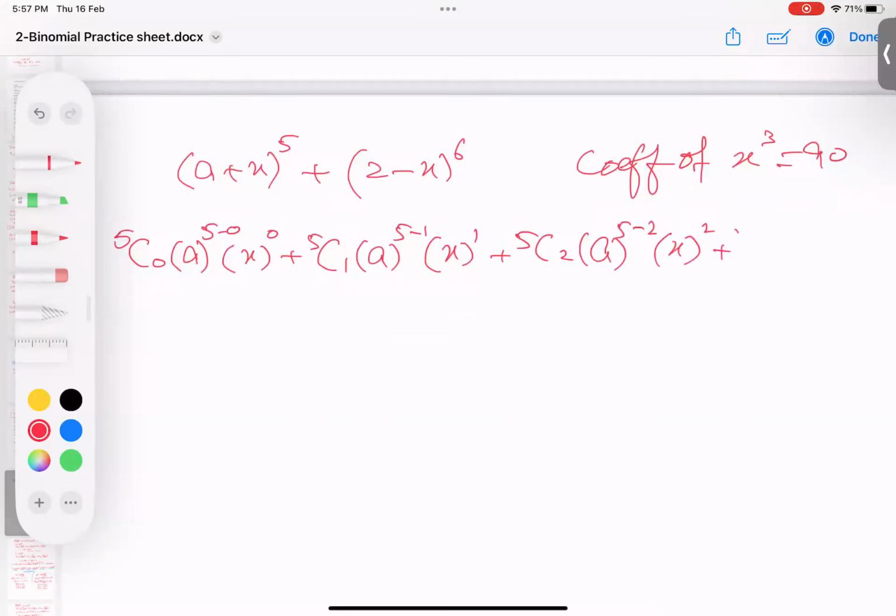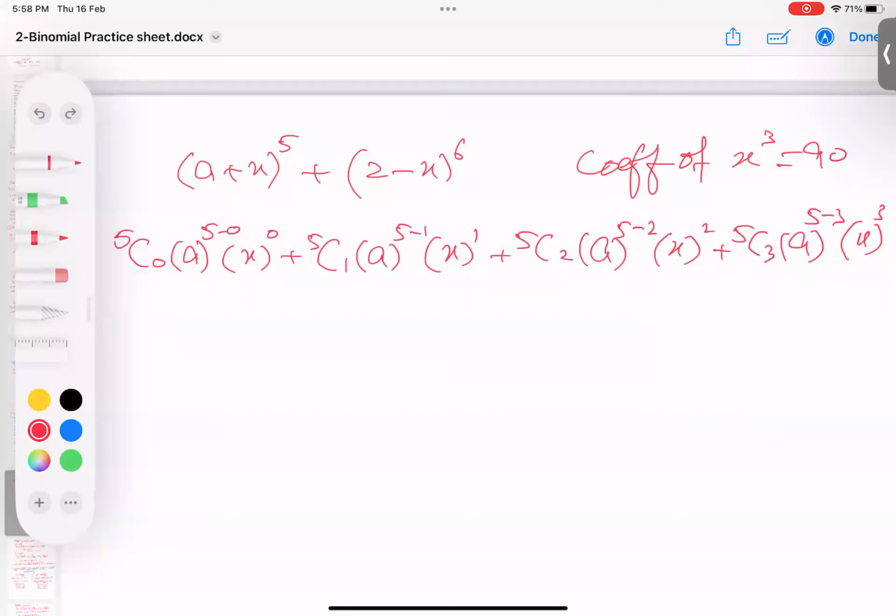Then 5c3, a to power 5 minus 3 and x to power 3. Very clear approach. Make sure x is in the second place, not in the first place. Because x is in the second place, the power of x starts at 0, then becomes 1, then 2, then 3. So gradually the power is increasing, common sense.